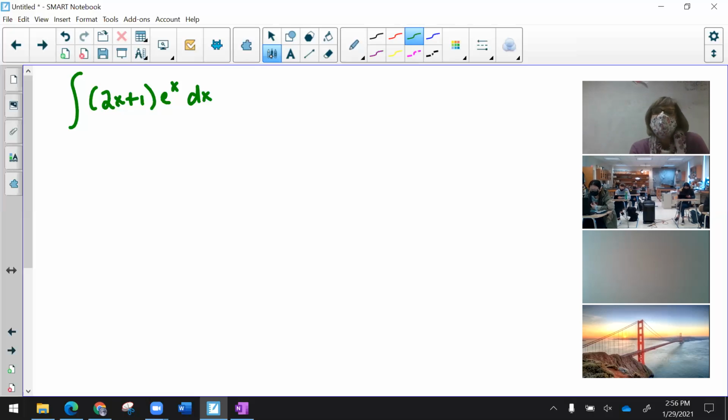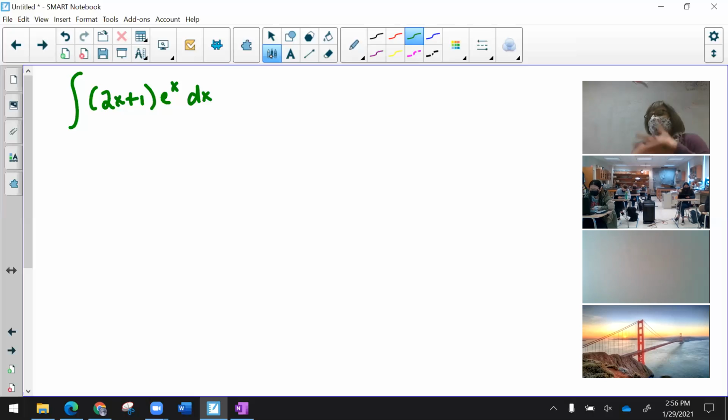You could try, but if you let u be equal to x, because that's the exponent of e to the x, it's not going to simplify it for you. If you let u be equal to 2x plus 1, we still have to solve that for x and substitute in for e to the x anyway, so that's not really going to help.